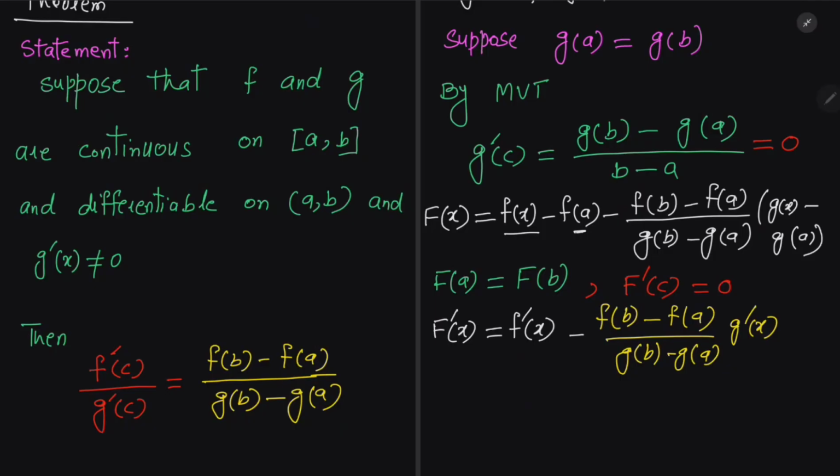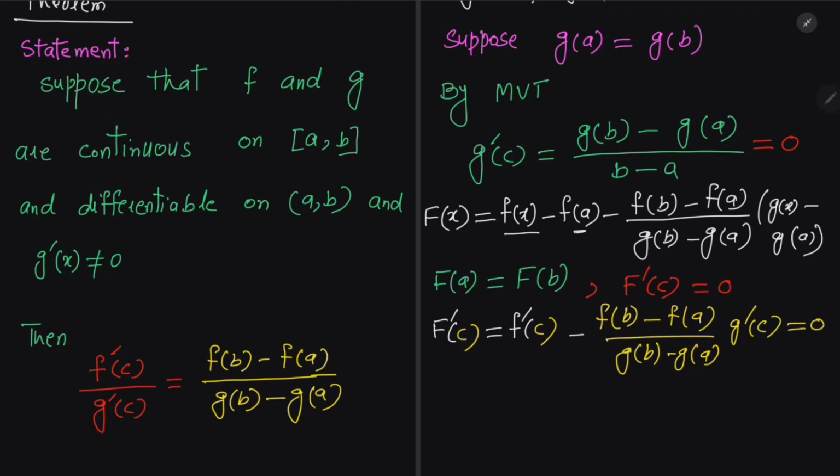And we know that the mean value theorem and the Rolle's theorem say that there should be some c. So we replace this x with c, over here, this becomes c, then we have this c over here, and the Rolle's theorem says that this will be equal to 0.